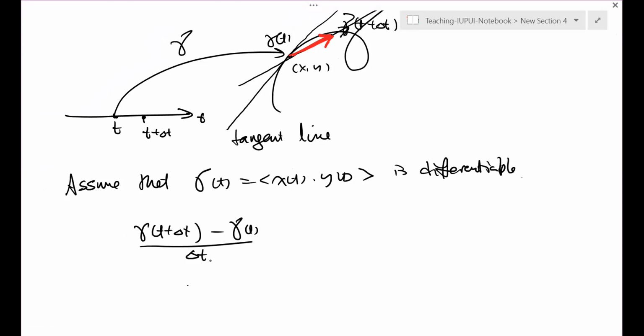Anyway, it's in the same direction as the vector. We call it the secant vector. This one has a limit as delta t approaches 0. It's gamma prime t, so gamma prime t should be viewed as the tangent vector.